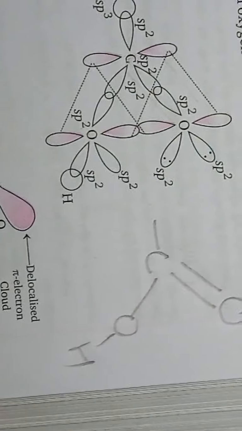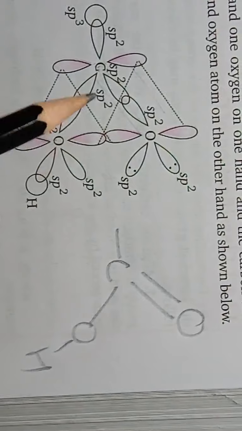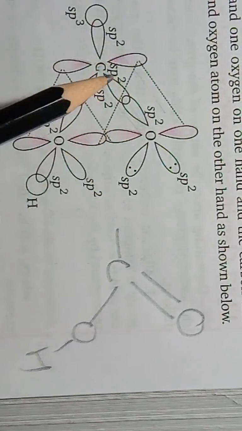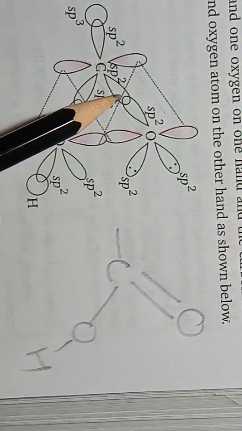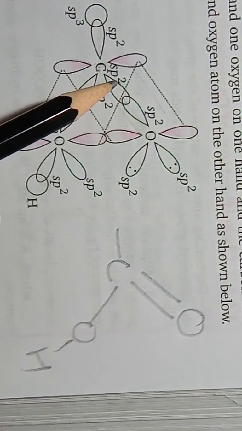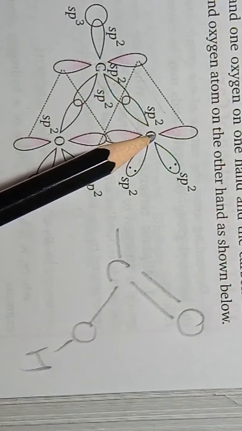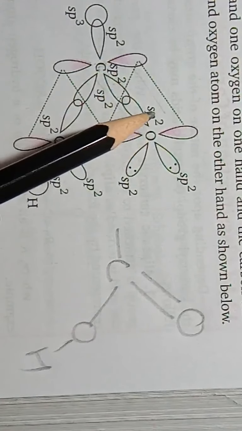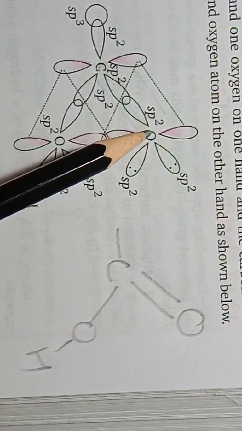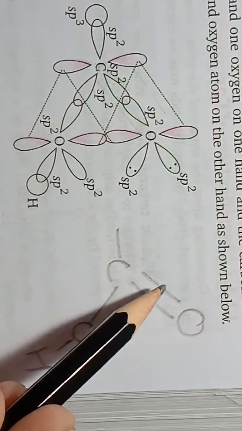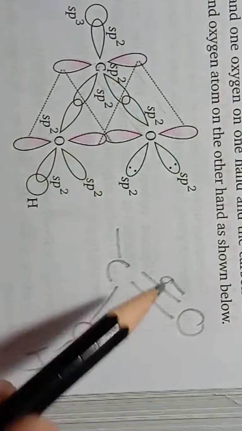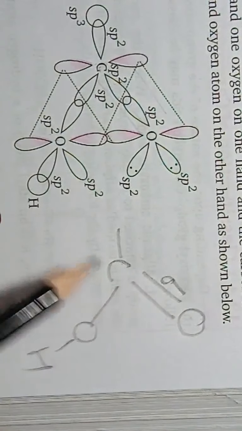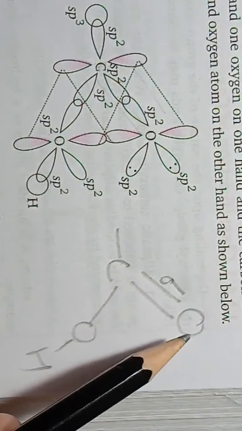One sp2 hybrid orbital of carbon is forming one sigma bond with an sp2 hybrid orbital of oxygen. This sigma bond is formed by sp2 overlap.